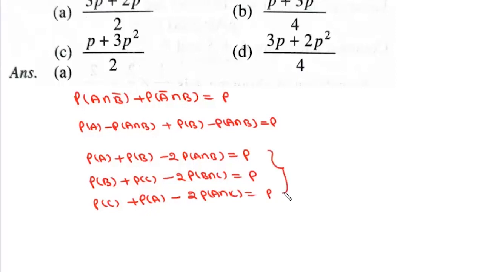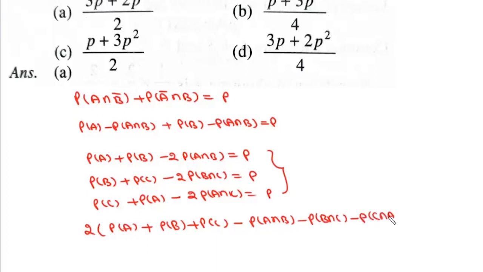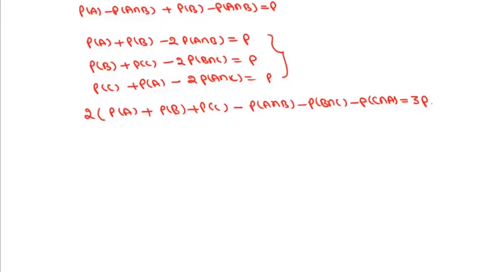Now if we add all these three, we can write 2 times P(A) plus P(B) plus P(C) minus P(A∩B) minus P(B∩C) minus P(C∩A), it is 3P. Now we have to find at least one of A, B, C must occur.